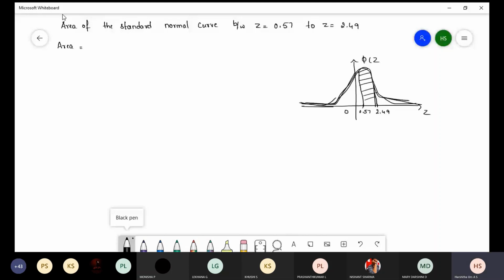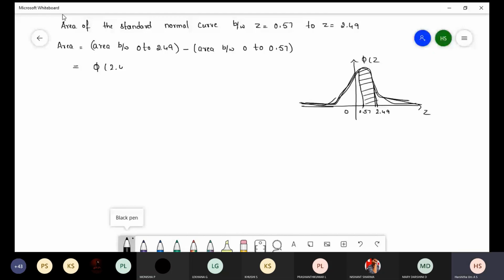First I will write area between 0 to 2.49 minus area between 0 to 0.57. So here I can write phi of 2.49 minus phi of 0.57.